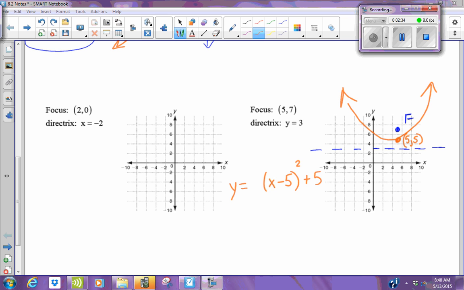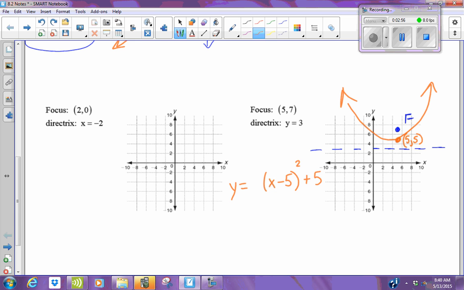All right, so your a value, to find the a value, you need the p value. P is the... What? Chandler, what's p? Like, how do you find p? Oh, it's just like in between. Just like in between. So 5, 7.